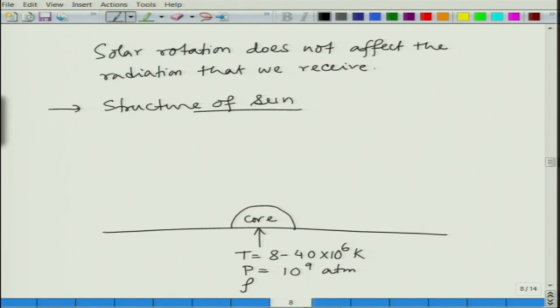and density is also reasonably dense compared to any other portion of the sun. Okay. So, that is the core of the sun, and that core is defined to be about 0.23.